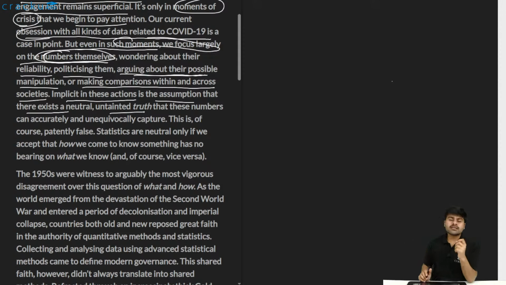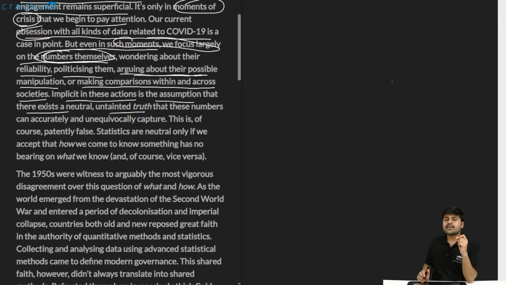The author says that we are assuming that there is some aspect of data that is independent of all of this. We end up assuming that this data is independent of everything and is representative of a factual or objective truth. There is no subjectivity to it.